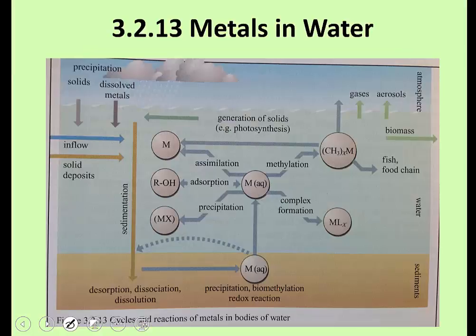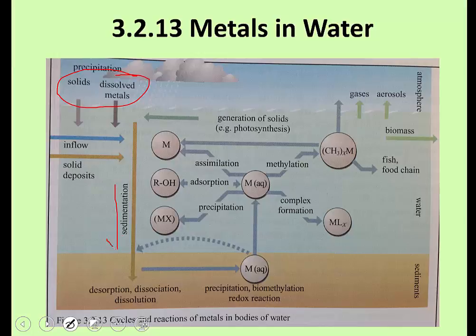Now, this figure, 3.2.13, shows a little bit of the equilibrium of metals in various bodies of water. We can look at where they're coming from. Through precipitation somewhere on land, we've got either solids or dissolved metals coming into the system, and then we can see how those get incorporated.